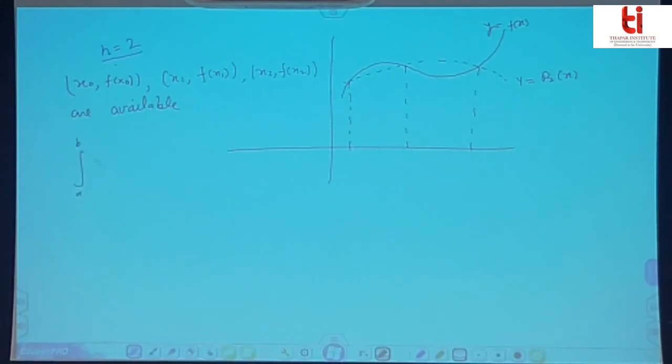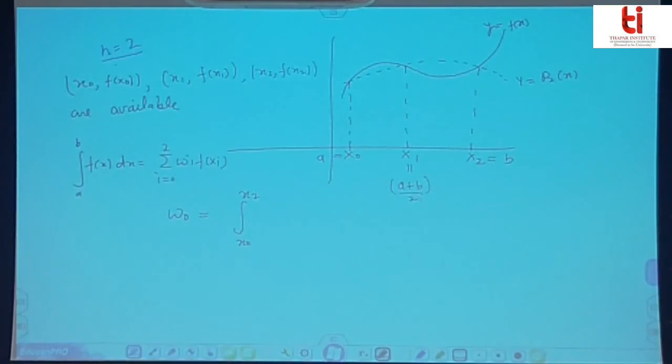So the integration from a to b of f(x) dx can be computed by the sum from i equal to 0 to 2 of wi f(xi), where w0 is the integral from x0 to x2. This is the point x0, this is x1 the midpoint, and this is x2. x0 is a, x2 is b, and x1 will be (a plus b)/2.